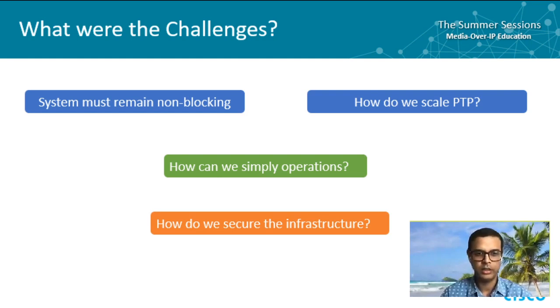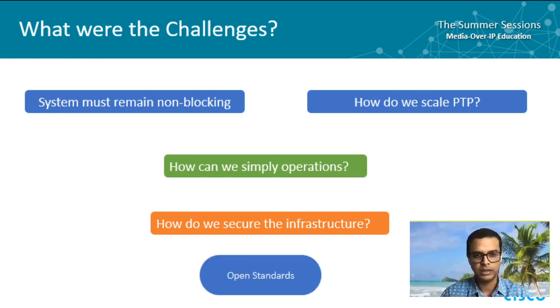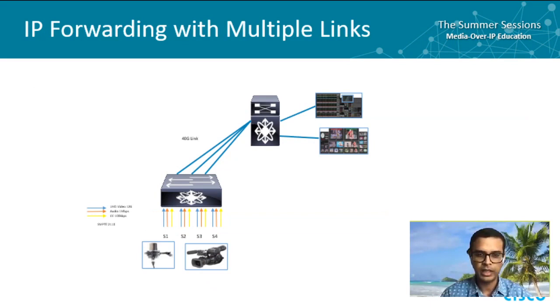And the way we went about doing that was through PTP. So I'll talk about how we scaled PTP, and then we'll focus more on how we went about simplifying some of these operational challenges, and then touch upon security. So Wes, as you move on to the next slide, let's talk about this whole system and how we went about addressing each of these challenges.